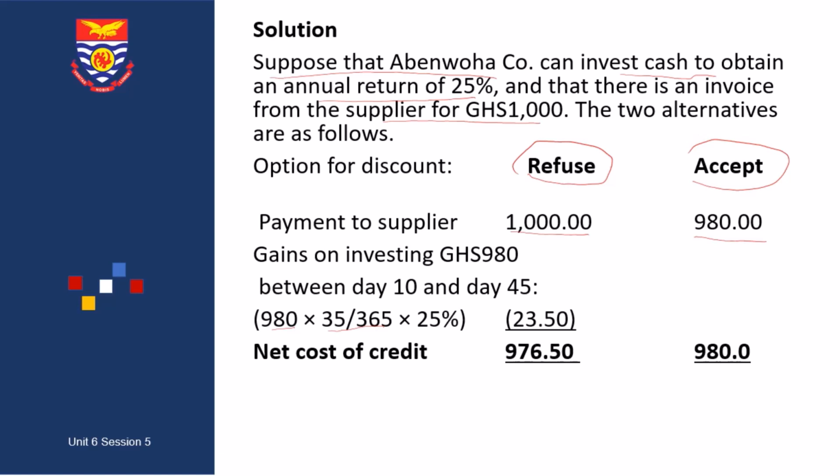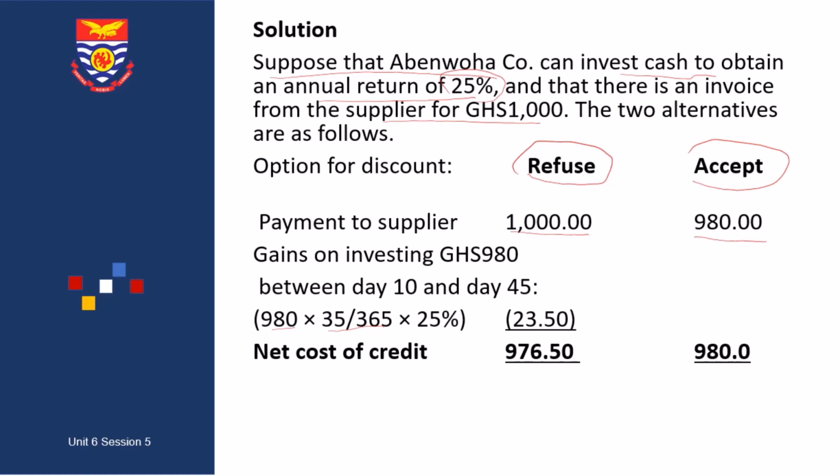The discount was 10 days and the actual number of days is 45, so the difference is the period that you could have invested the 980 at the rate of 25%, which was given here. So we are going to get 23.50.